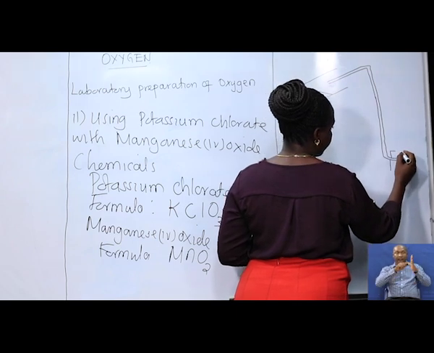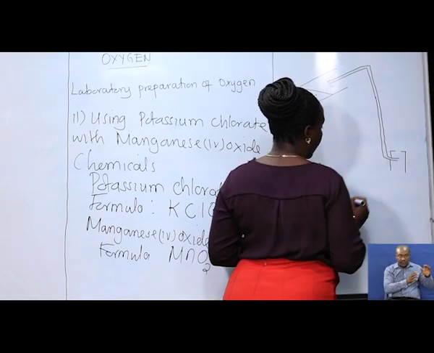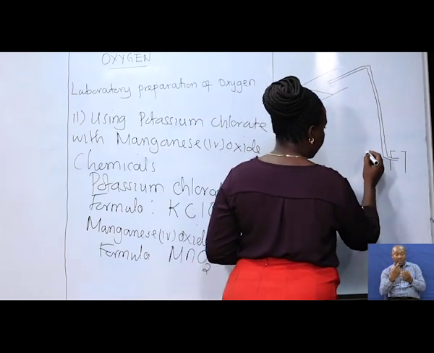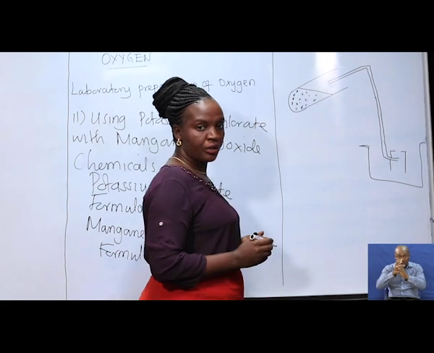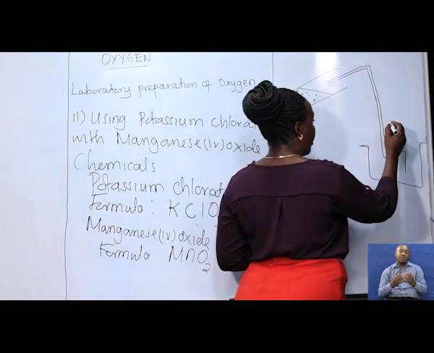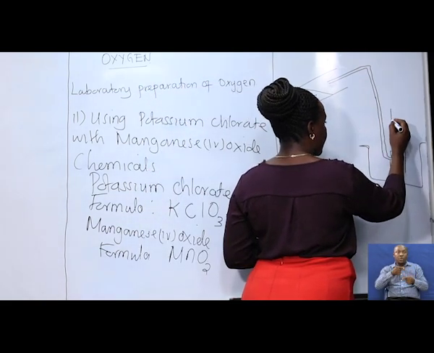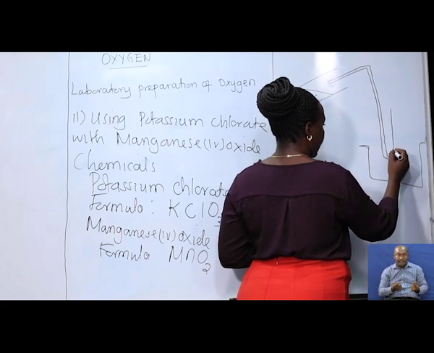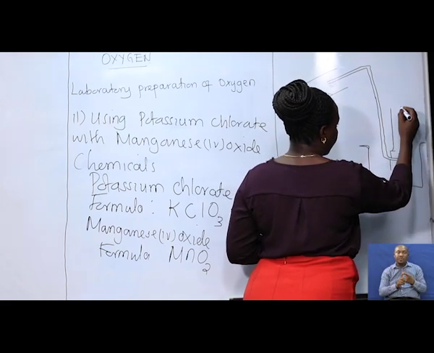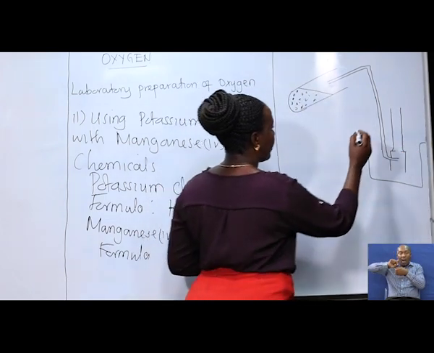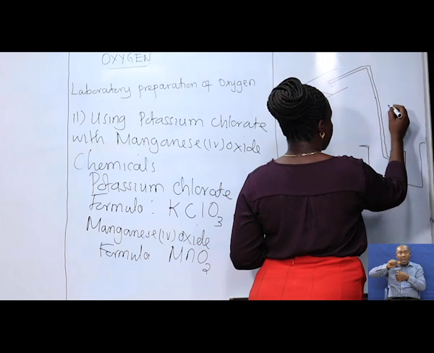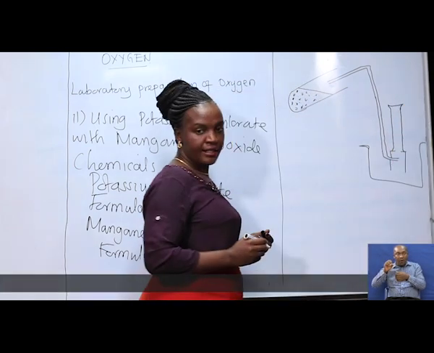This beehive shelf is where the delivery tube is inserted, and this trough contains water. Then over the beehive shelf, we are placing a gas jar. Why a gas jar? Because it is used to collect the gas.